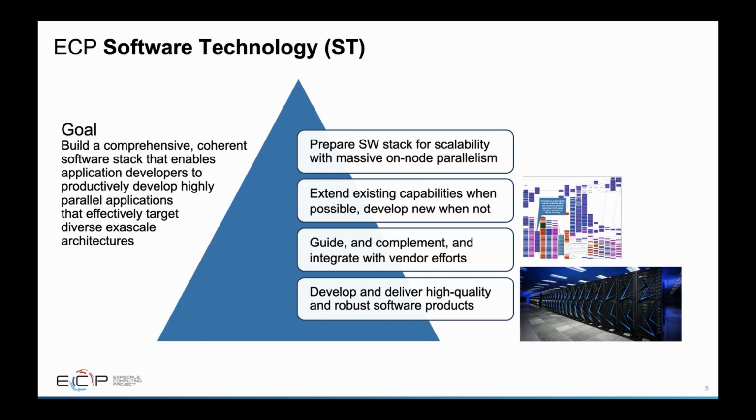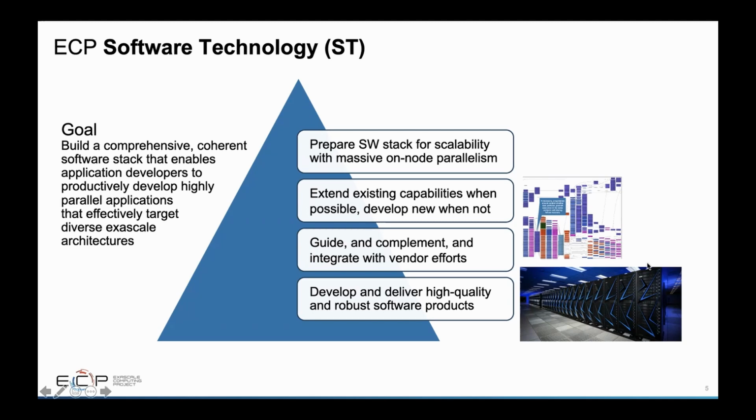This is a challenging problem, as you can imagine, in the software technology area of ECP. You want to prepare the software stack for scalability with massive on-node parallelism. And we want to extend existing capabilities when possible and then complement the efforts and integrate with the vendor efforts as well to deliver high quality robust products that are vertically integrated.